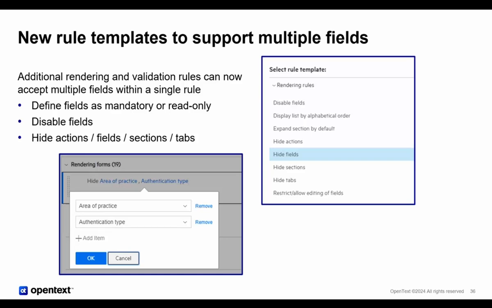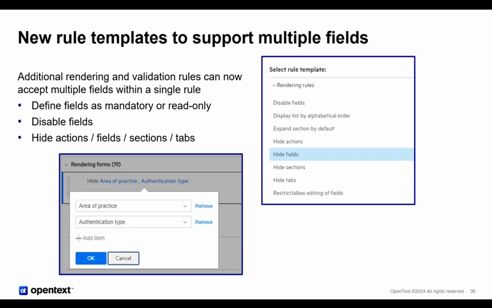We had some business rule types that supported multiple fields. I think with the set field, for example, you could specify multiple fields. So we're trying to bring that all into alignment. We've replaced the older single field business rule templates with these multiple field rules. So you can now disable multiple fields at once, hide multiple actions, hide multiple fields.